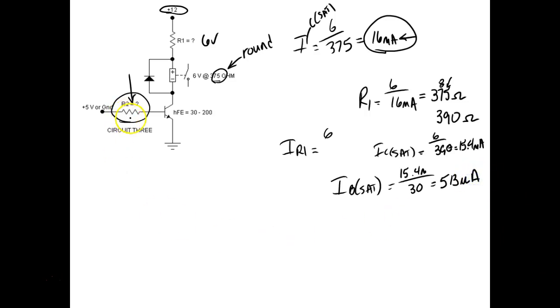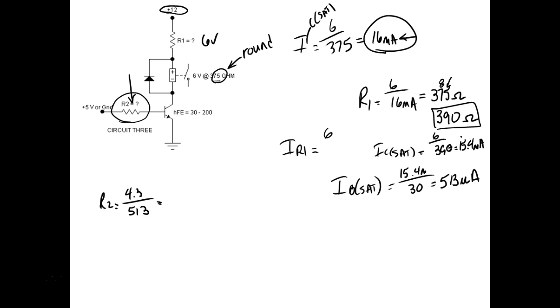Okay, so this guy right here, we wanted to drop, R2 would be equal to 4.3 volts divided by 513 micro. So what did I do on the key? Okay. I wouldn't. So what would this be?